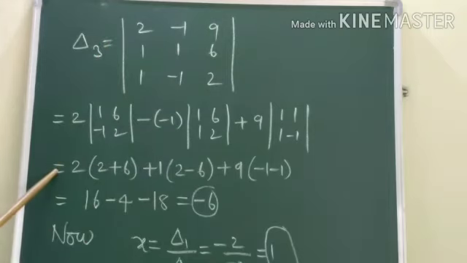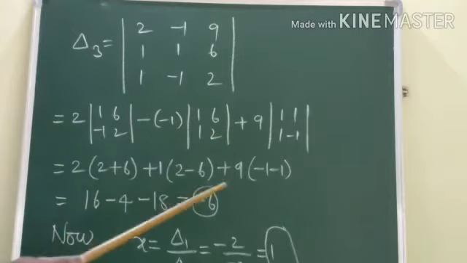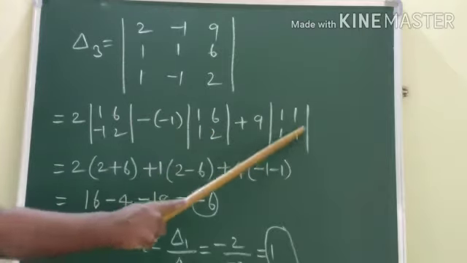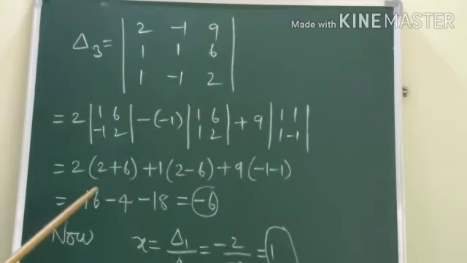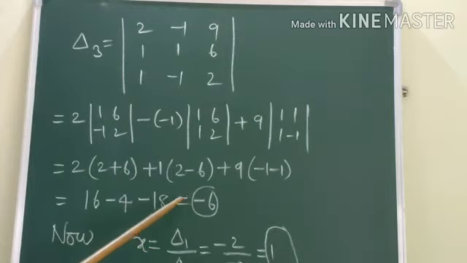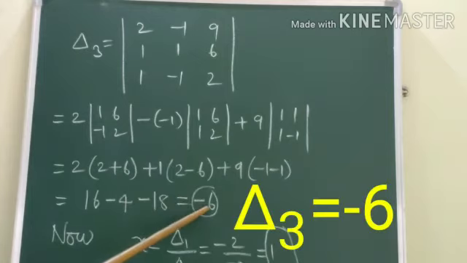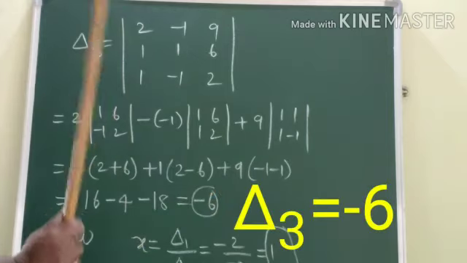By simplifying this, 2 into (2 plus 6) plus 1 into (2 minus 6) plus 9 into (minus 1 minus 1), that is equal to 16 minus 4 minus 18, which is minus 6. This is the value of delta 3.